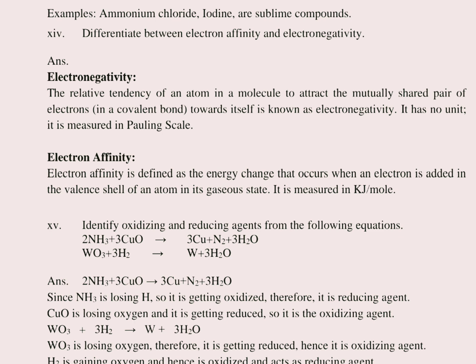In the same way, one nucleus which is more confident and stronger pulls the shared pair toward itself. That is electronegativity. And electron affinity means the energy released when you put an electron into the system. When your atom forms an anion, the energy change that occurs is the electron affinity, when your atom is in the gaseous state. And we use kilojoule per mole.